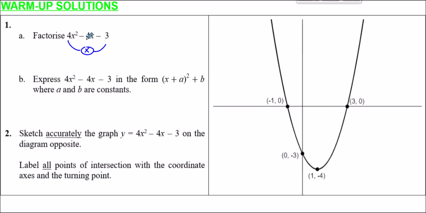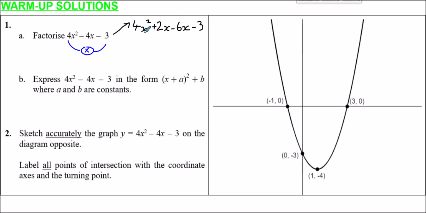With a bit of thinking, we can see that these two numbers are going to be positive 2 and negative 6. And so we can rewrite this as 4x squared plus 2x minus 6x minus 3. So we just partition this minus 4x into a plus 2 and minus 6.